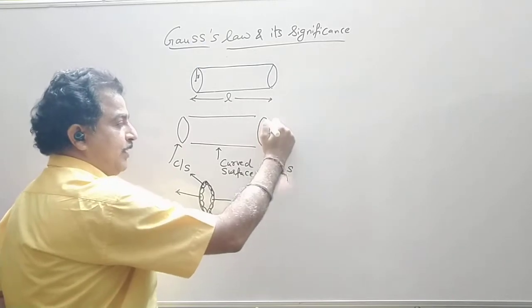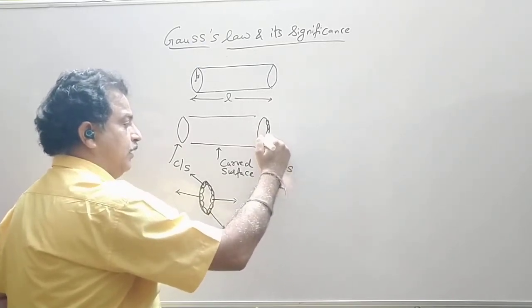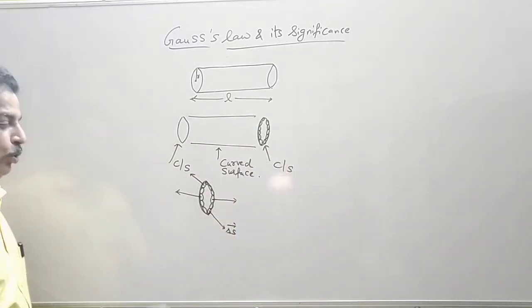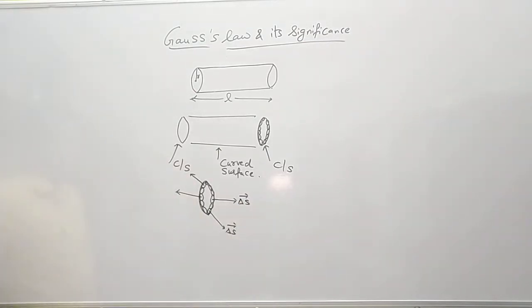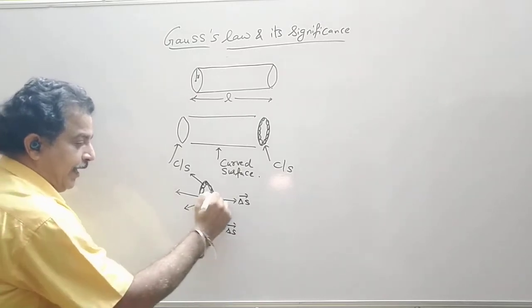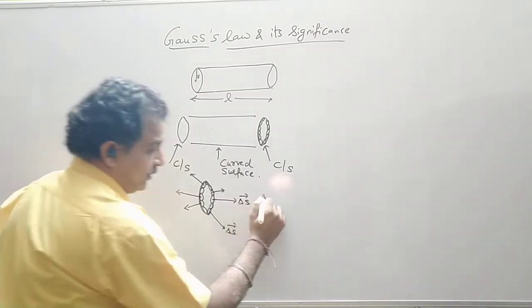Same thing happens with the other cross section. These are its elements. And we know that the normal to the surface is the direction of the area vector. So these are the area vectors of different elements. Now let us see this curved surface.